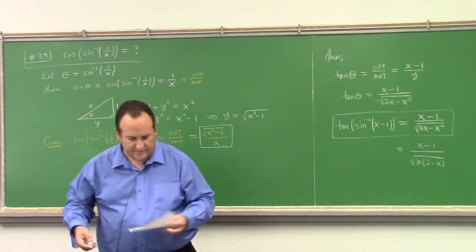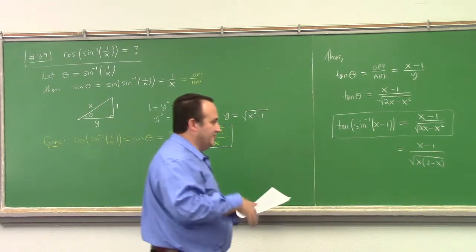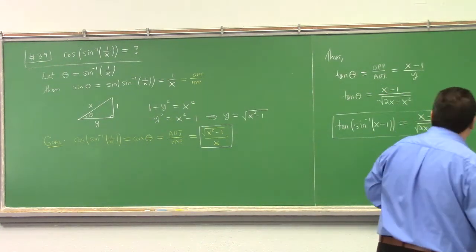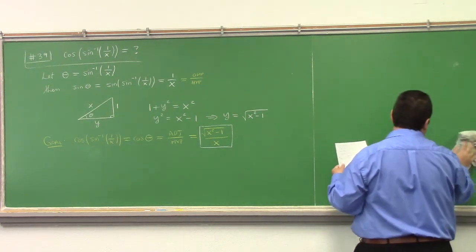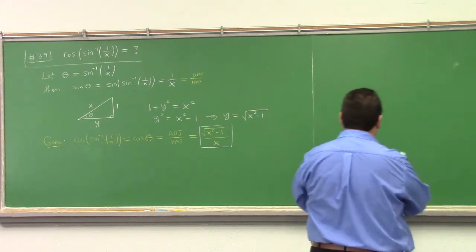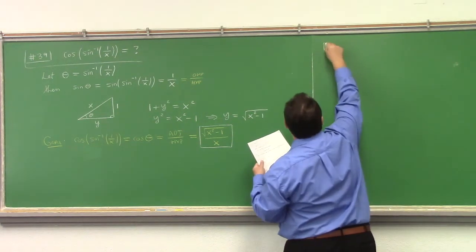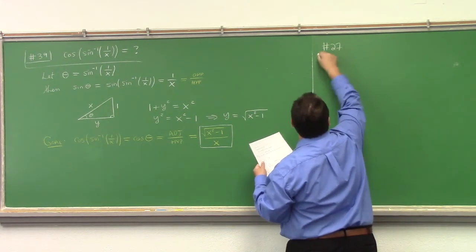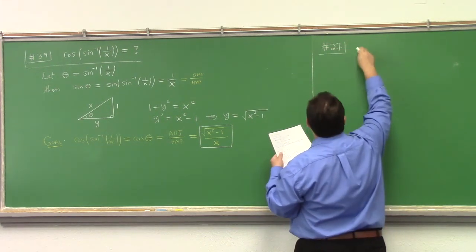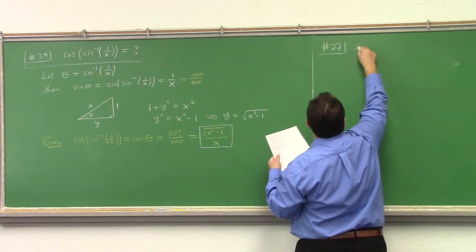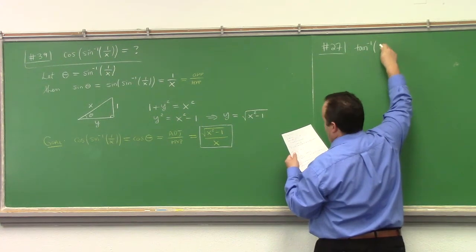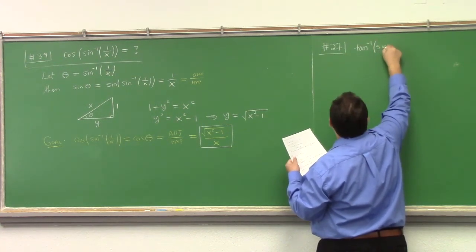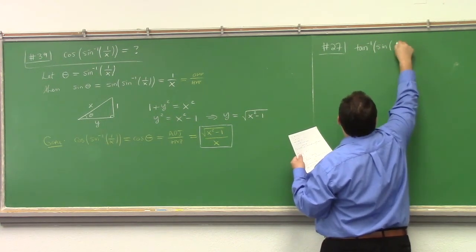Let's see here. I think this is number 27. I'm kind of going back at this point and working some problems. Number 27. We're supposed to figure out the inverse tangent of the sine of pi over 3.